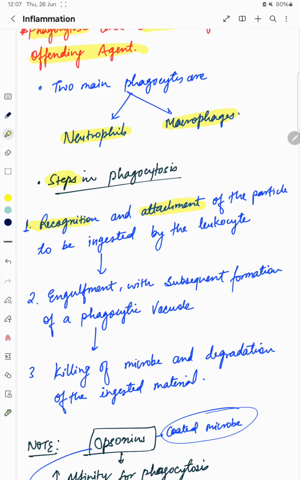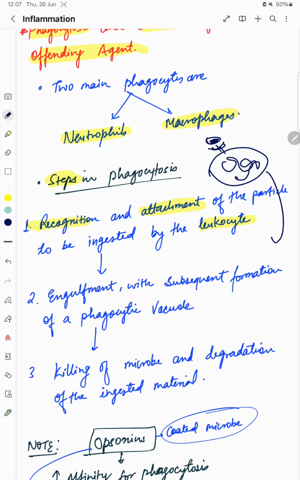Recognition and attachment of the particle to be ingested by the leukocyte. So first of all, the phagocyte recognizes an offending agent by various receptors.